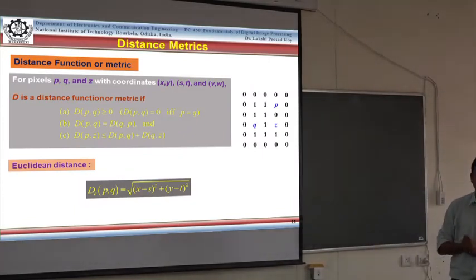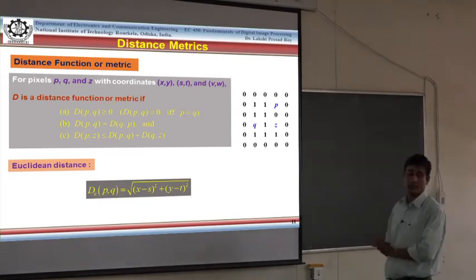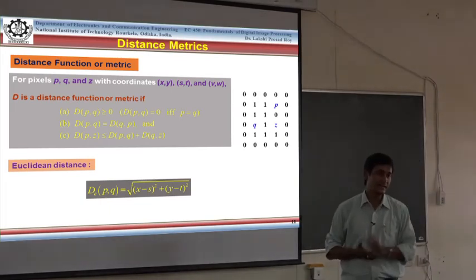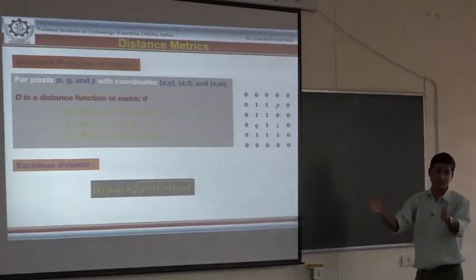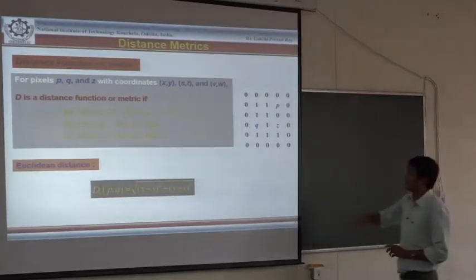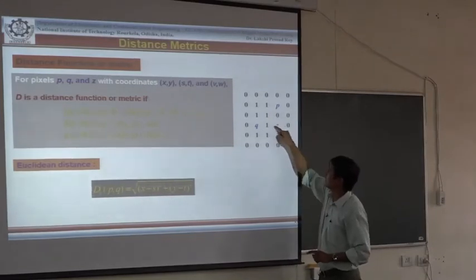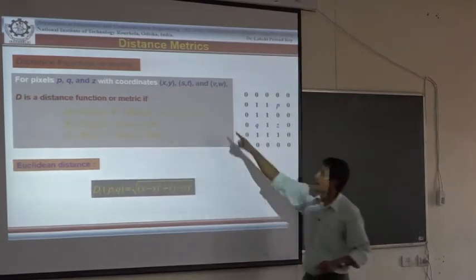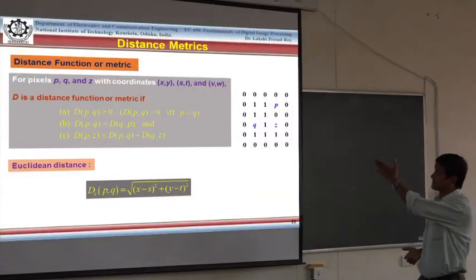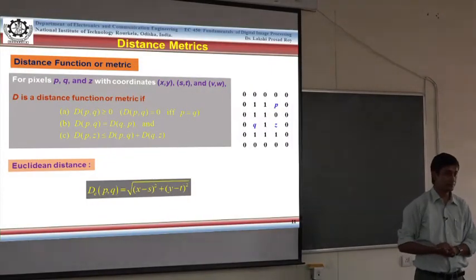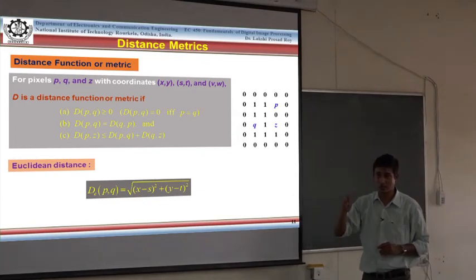If you want to get the distances in the image, to define that, let us say this is an image or sub-image of an image. In that, these are the points P, Q and Z. These are the 3 pixels who have the coordinates x, y, s, t and v, w respectively. They are the absolute coordinates we talked about.